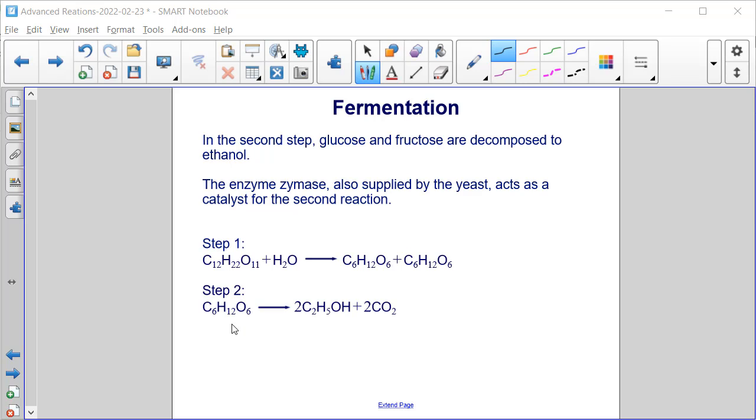Then we take the glucose and fructose molecules in step two, and with the enzyme zymase to catalyze the reaction, we decompose this into ethanol and then CO2 as a byproduct.